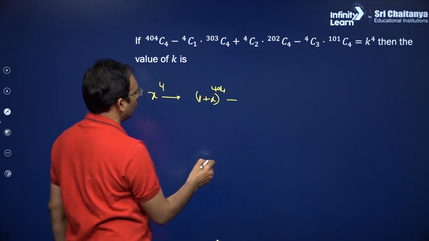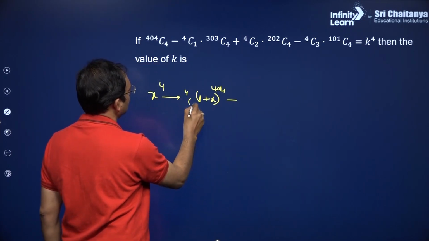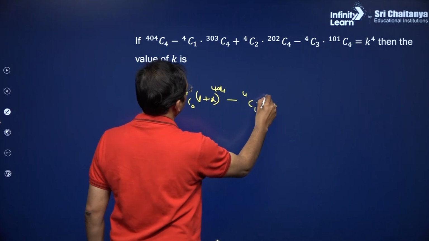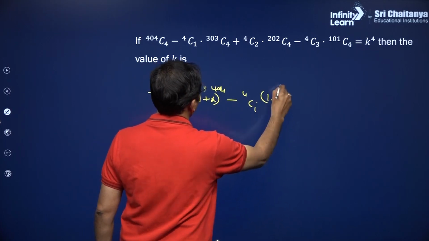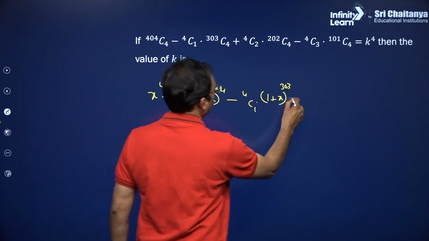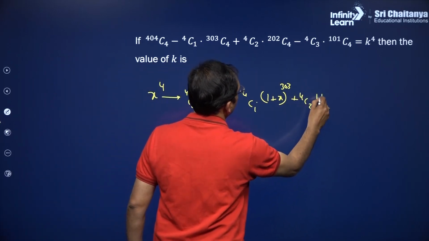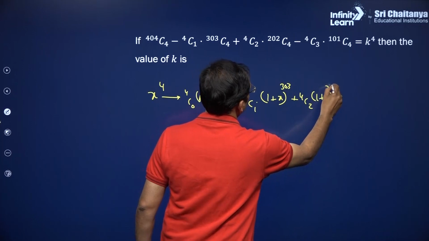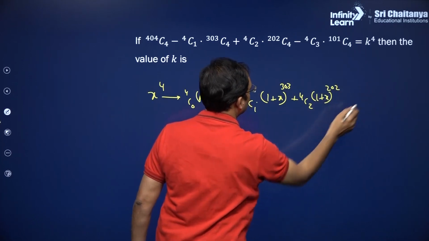Here the x power 4 coefficient, you can write like 4c0, this is 4c1 into 1 plus x power 303 in this x power 4 coefficient, plus 4c2 into 1 plus x power 202, similarly the other two terms.